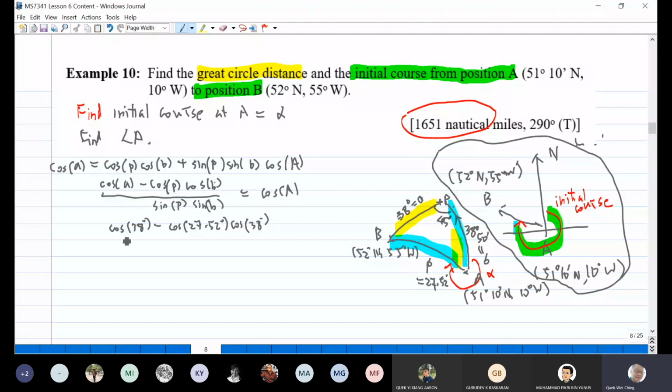Divided by sine 27.52 degree for P, and then sine of 38 degree. And this is cosine A here.